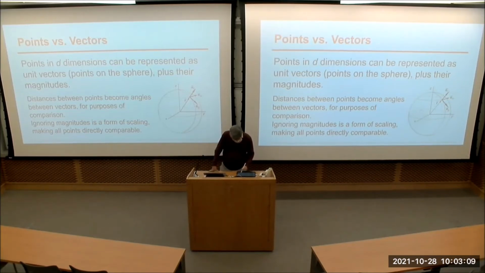So one thing that you learned was this idea that you could represent points in D dimensions by unit vectors and their magnitudes. What did that mean? Okay, if you have points in space, you have some kind of an origin. Any point and the origin defines a direction, defines a vector.